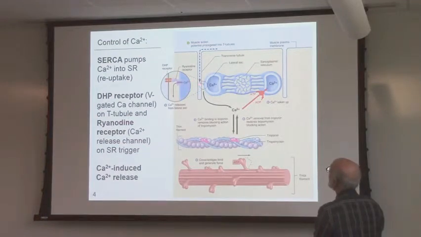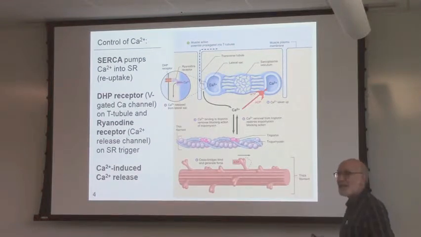It's a physical connection between something called the dihydropyridine receptor, which is the voltage sensor, and the calcium release channel, which is the route by which calcium is released from the SR. That's a physical connection in skeletal muscle.